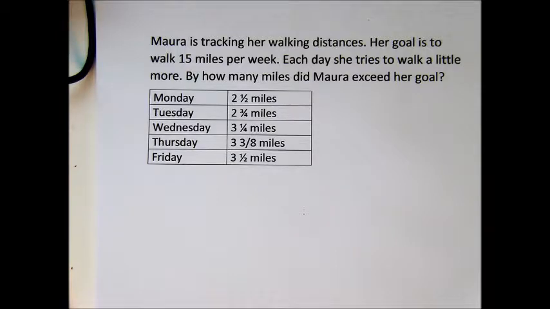So that tells me, okay, when I'm adding or subtracting, I need to have a common denominator. So my plan is to add up these amounts, and once I have the total, then I'm going to subtract 15 from that total. That will give me the leftover, or the amount she exceeded.